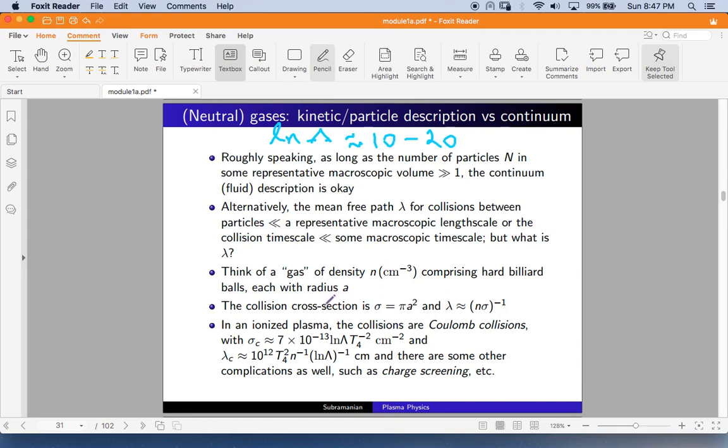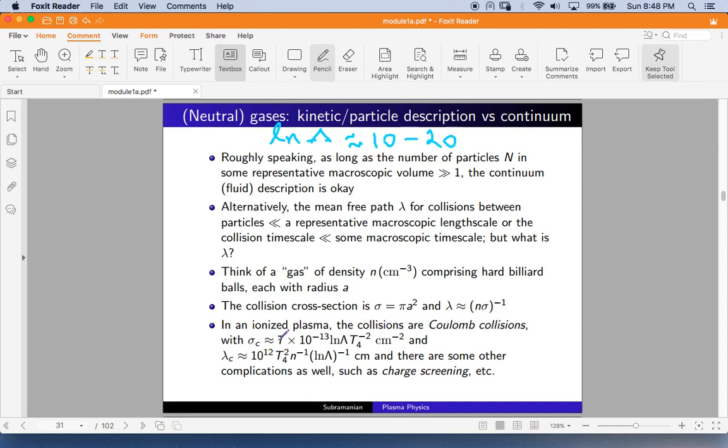There are other complications such as charge screening and so on that we will discuss as we go along, but this is just an illustration of the fact that the collision cross section is, if for instance you put in the classical electron radius, and just said pi times r sub e squared, where r sub e is the classical electron radius, and you computed the collision cross section, you would find that the collision cross section for Coulomb collisions between two electrons is very, very different.